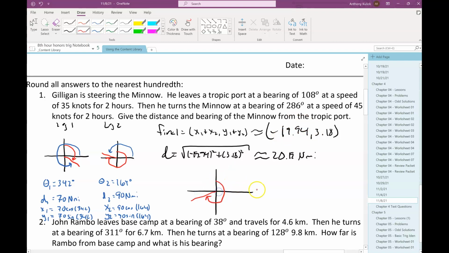So that's our bearing: 0, 90, 180, 270, where that's my alpha. So my final bearing is going to be 270 minus alpha, where alpha is always tan inverse of the absolute value of y final divided by x final.